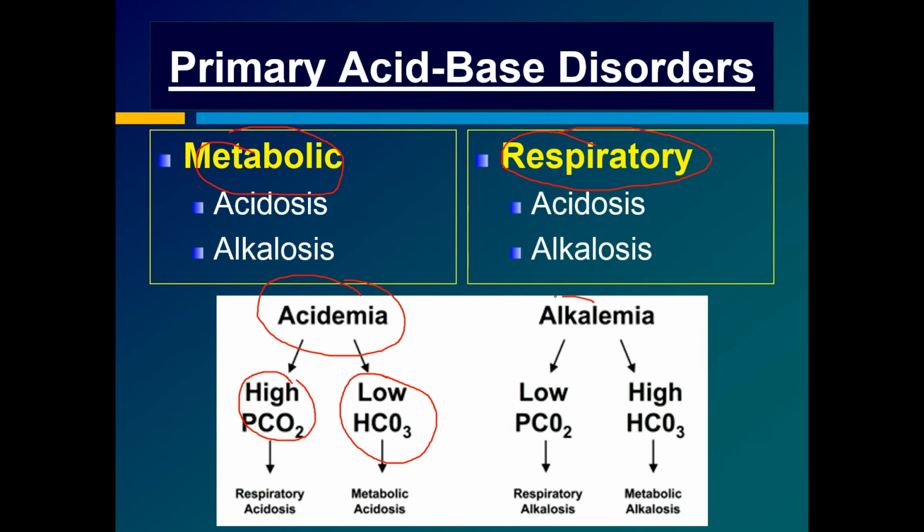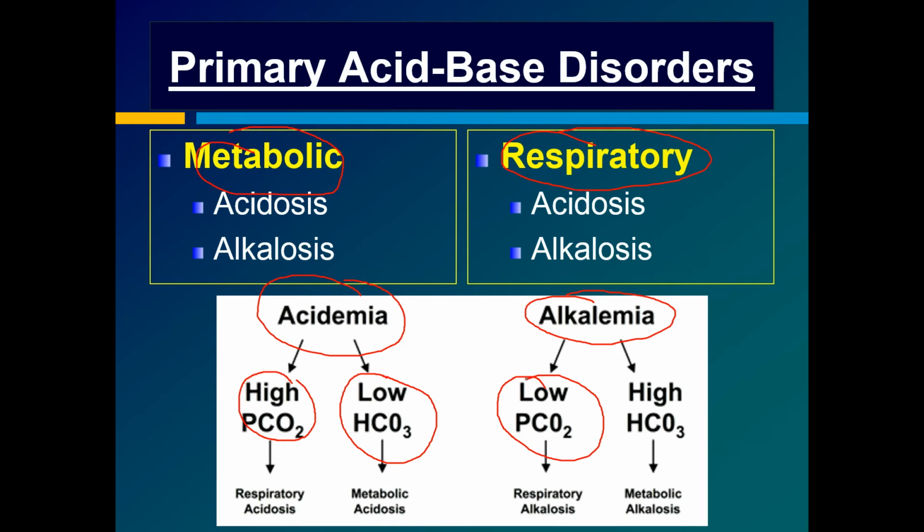As a corollary, with alkalemia, a pH greater than 7.45, that's due either to primarily a low PCO2, and remember your PCO2 is a value obtained from a blood gas analysis. It could be arterial or venous, but it's a value obtained from a blood gas analysis.